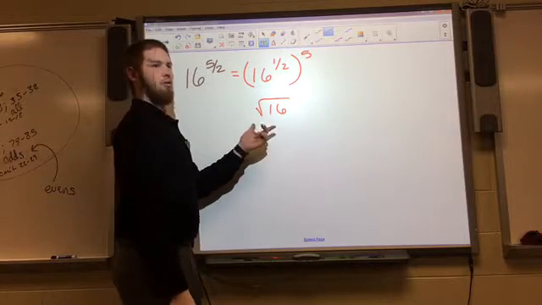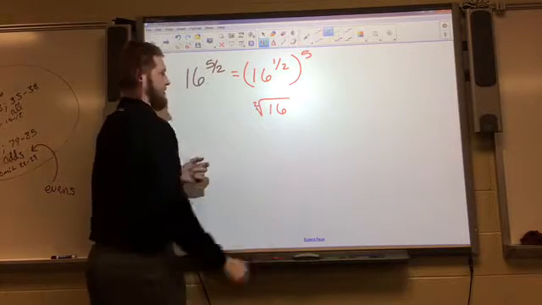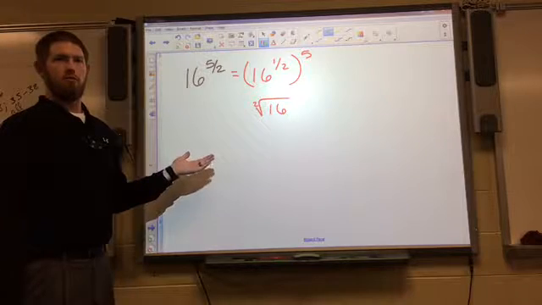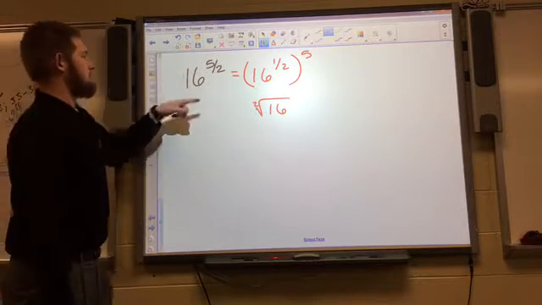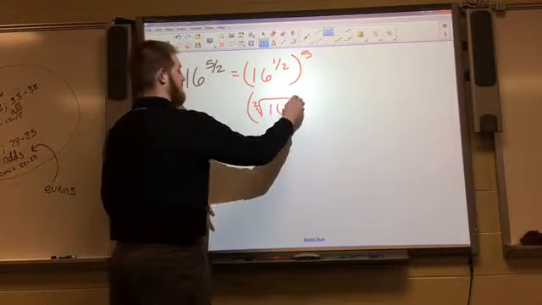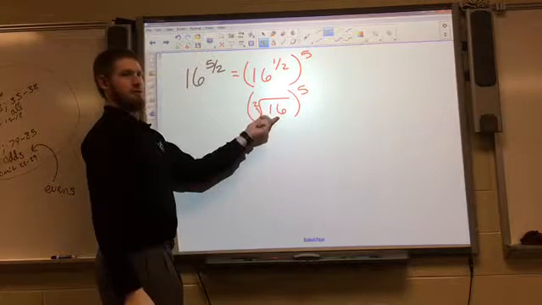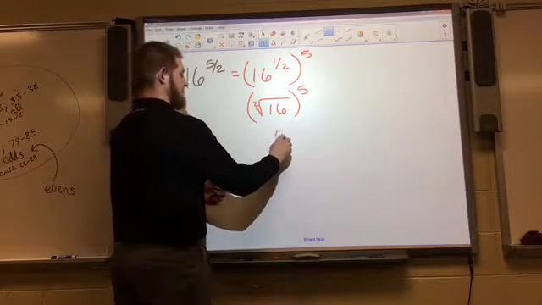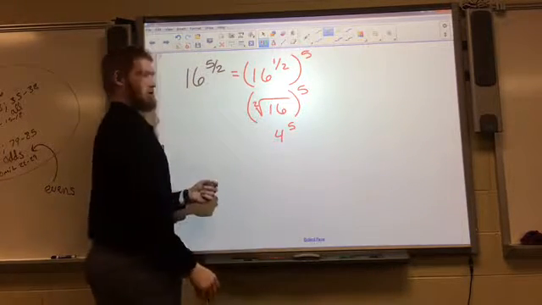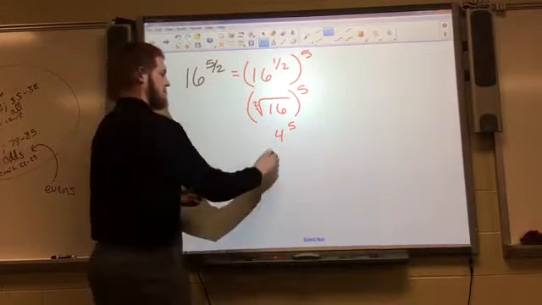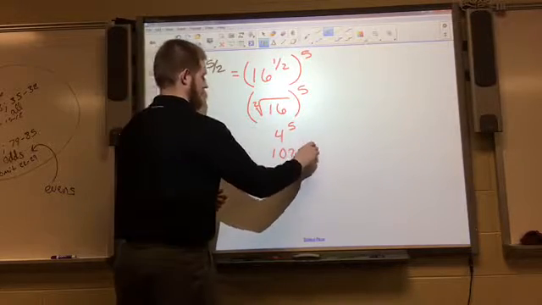And now the square root, we don't write it, but the square root technically has a 2 there. That's still the square root, right? Okay, so I have the square root of 16 and then raised to the 5th power. Well, what is the square root of 16? 4, so I actually have 4 to the 5th power, which is 1024.